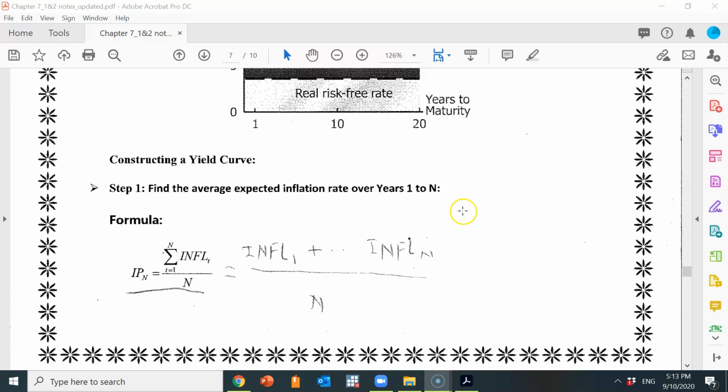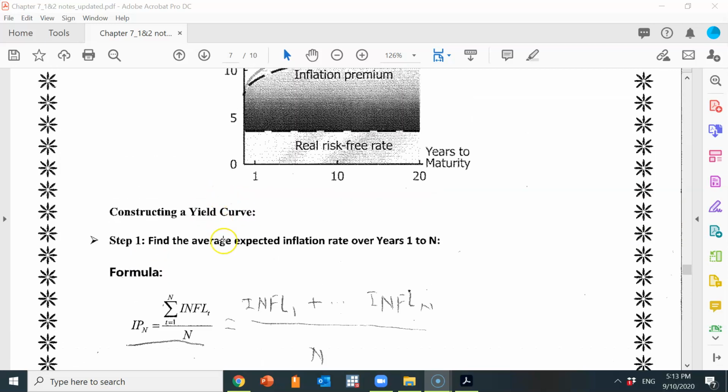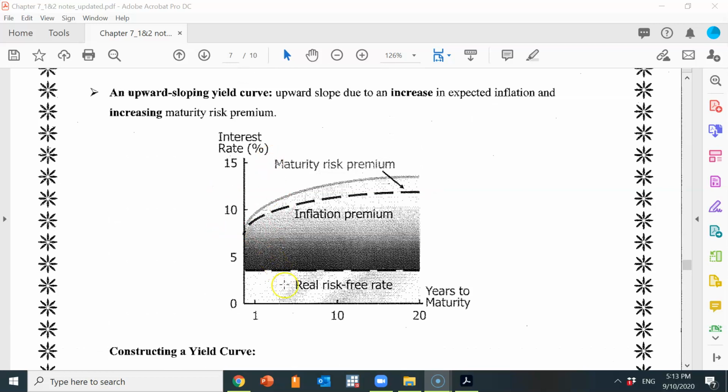Now let's try to construct a yield curve. Step 1 is usually to find the average expected inflation rate over years 1 to n. In order to construct the yield curve, we need to calculate interest rate for bonds with different maturities. Remember R equals R star plus IP plus MRP for long-term bonds.